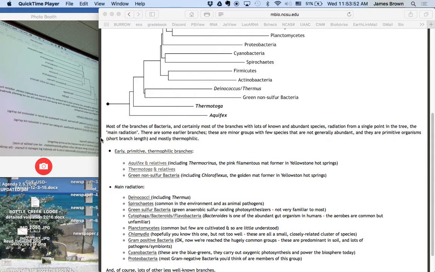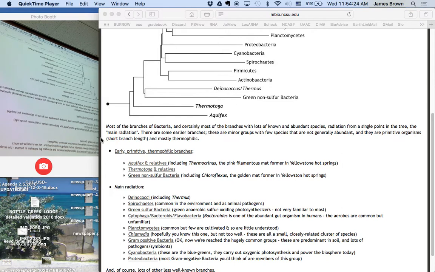Chlamydia, hopefully they are unfamiliar to you. The 2 kinds of gram-positive bacteria: the Actinobacteria, sometimes called the high GC gram-positive bacteria. These include things like Mycobacterium, the acid-fast bacteria, etc. And the Firmicutes, these are the ones you think of most, things like Bacillus, Staphylococcus, lactic acid bacteria, Clostridium, etc. Cyanobacteria, these are not algae, these are bacteria.